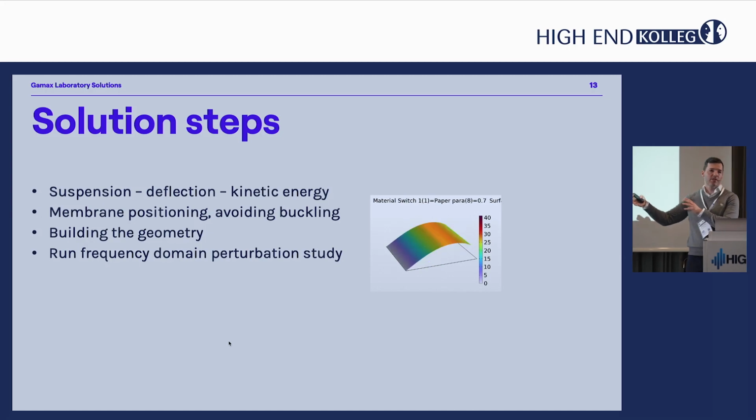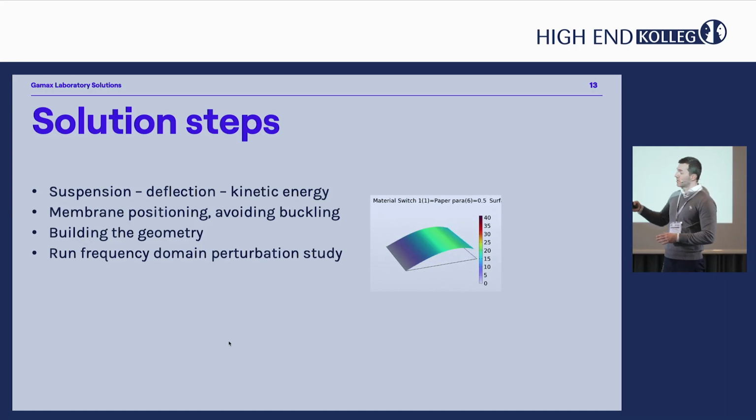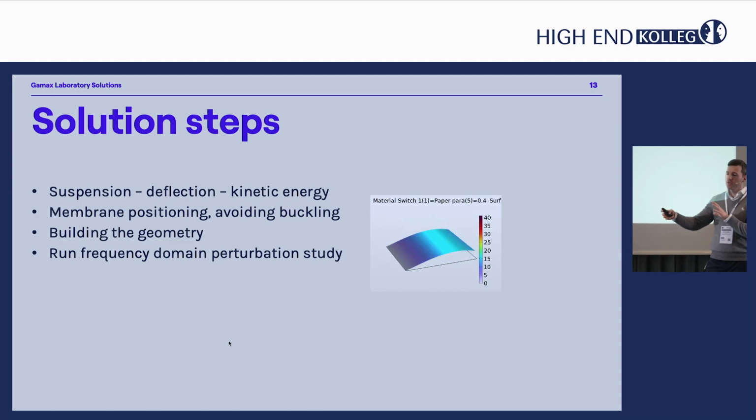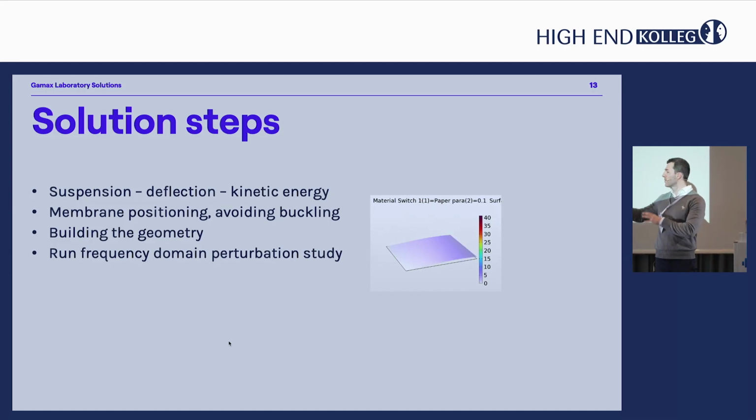And for the modeling workflow, we start with the suspension. So we create an equivalent model of that to have a 2D representation of the full 3D model. Then we can set up the 2D model by first moving the right points of the membrane to the desired position.